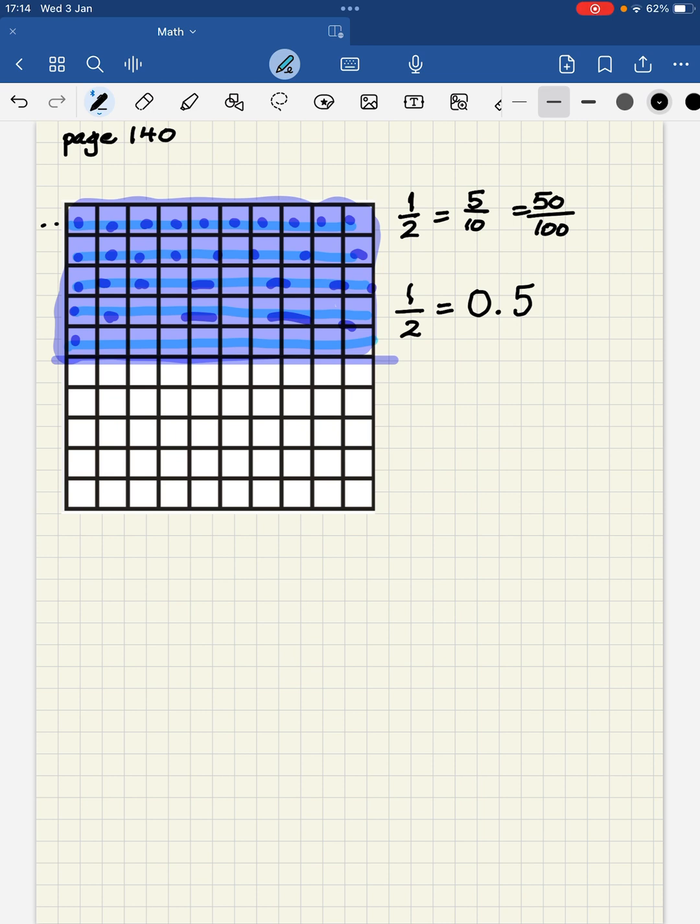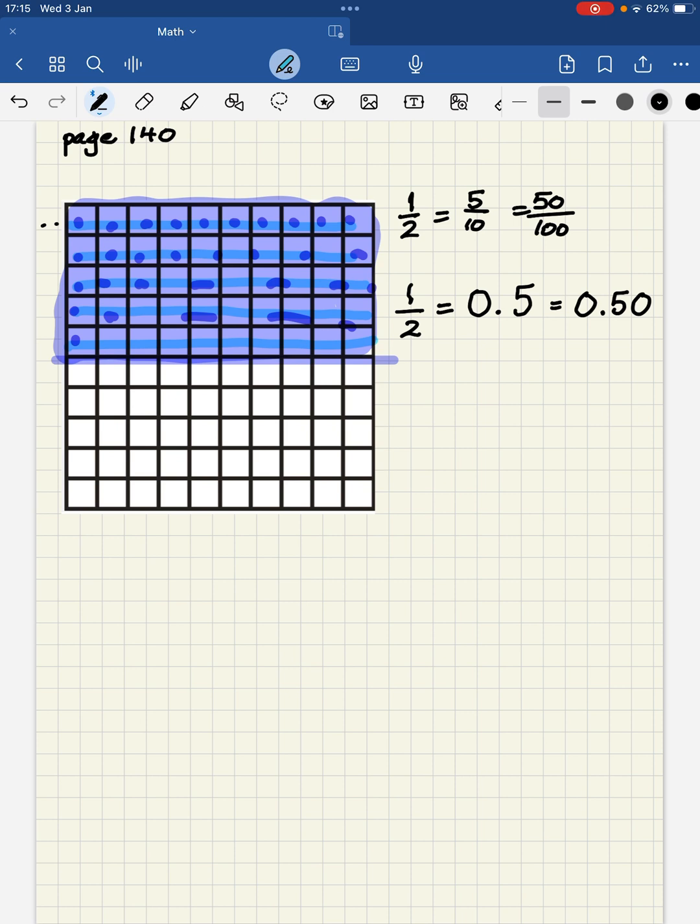And if it was 50 over 100, we would write it as 0.50 as our placeholder in our hundredths. Okay, so those are worth the same as each other. So pause your video and you can do question 14 and question 15, which is a fifth, which works similarly. Okay?